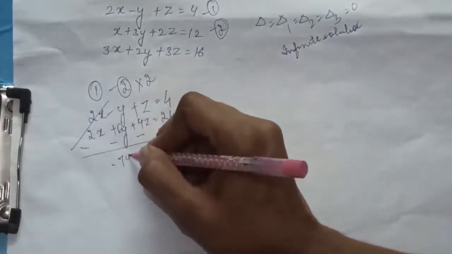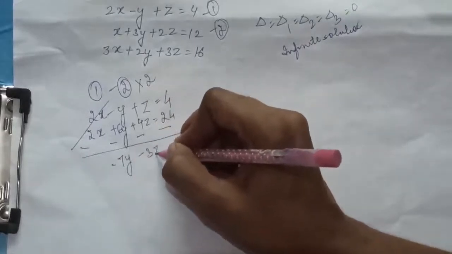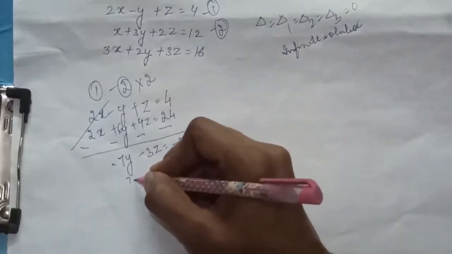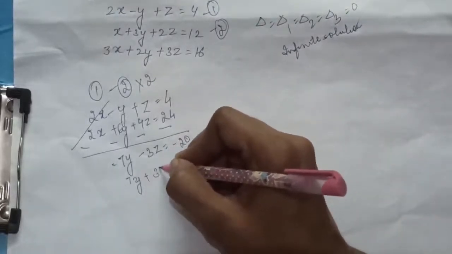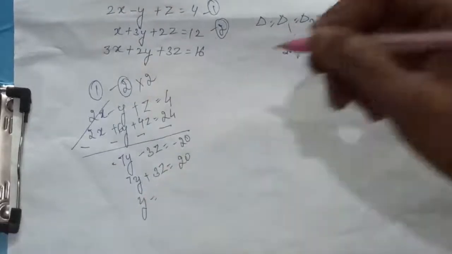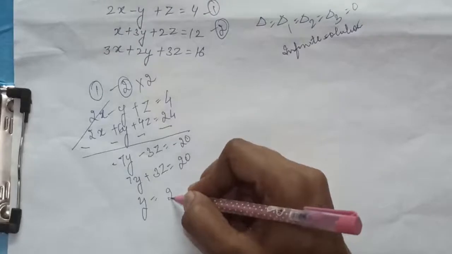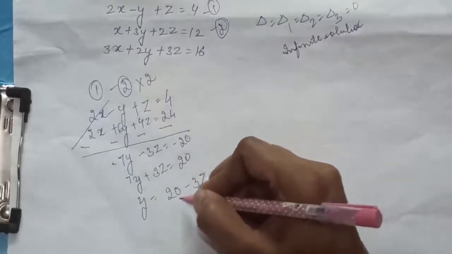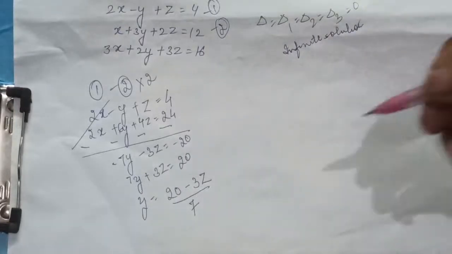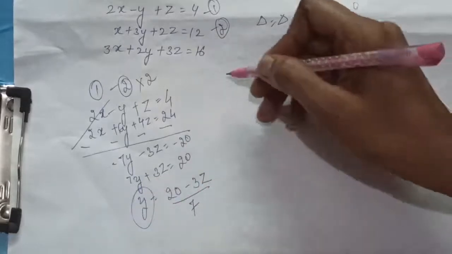It will be minus 7y minus 3z equals minus 20. So if I write 7y plus 3z is equal to 20, I have taken the minus sign common outside. So from here, if I want to write the value of y, my answer will be 20 minus 3z divided by 7. Right? So now I have found the value of y keeping z on the right hand side.